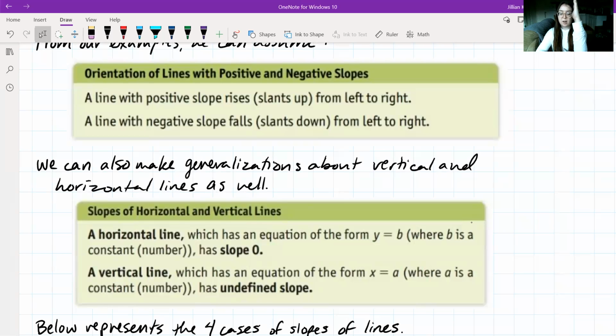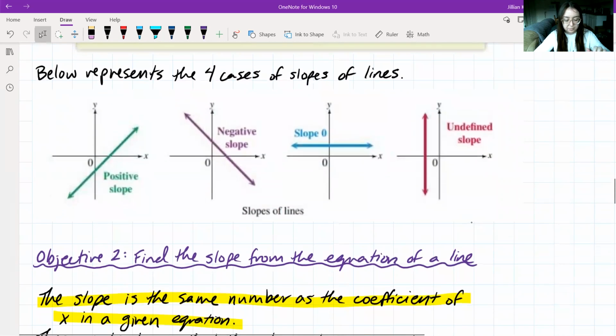So this is when our line is just vertical, straight up and down. We can't determine our slope. So our slope has an actual value when it's horizontal, but no actual value when it's vertical. And those are just the key points to really remember.